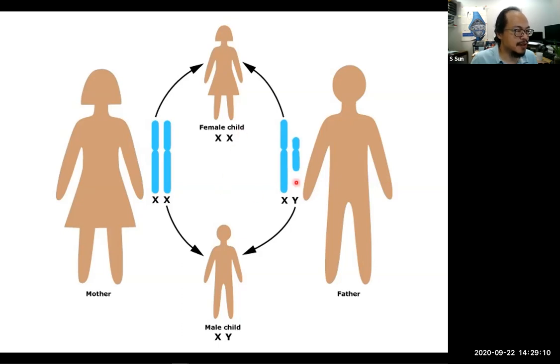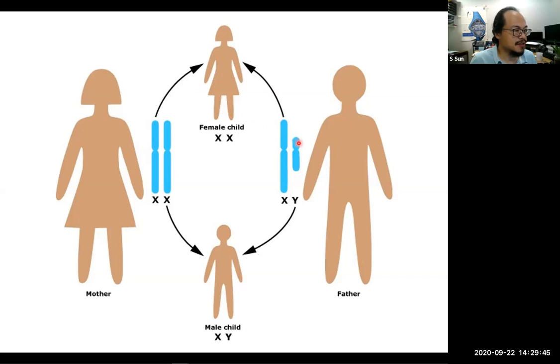If the sperm contains this Y instead of this X, then Y mates with X, either this X or that X, and the offspring is going to have one X and one Y. That will make this infant a male. So male is XY, and the chance is 50-50, because the mother can give this X or that X, it doesn't really matter.